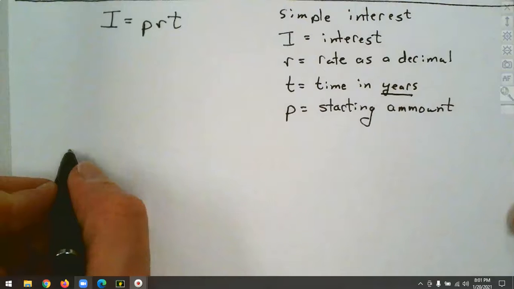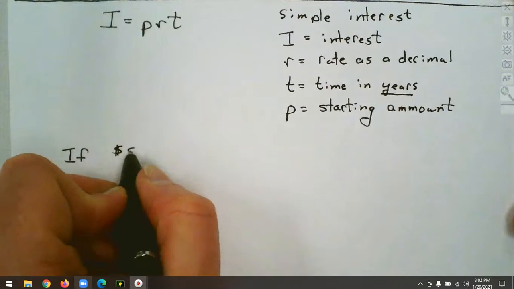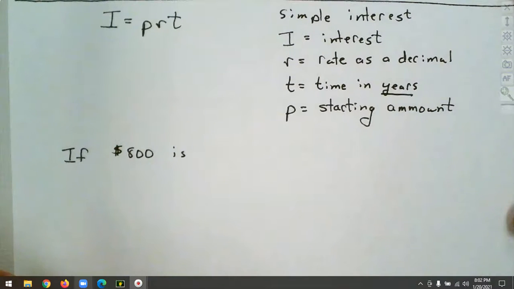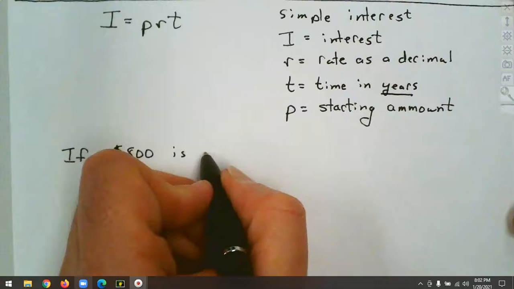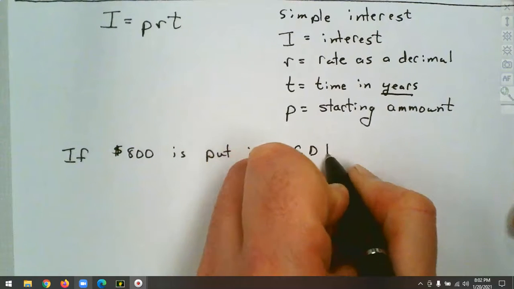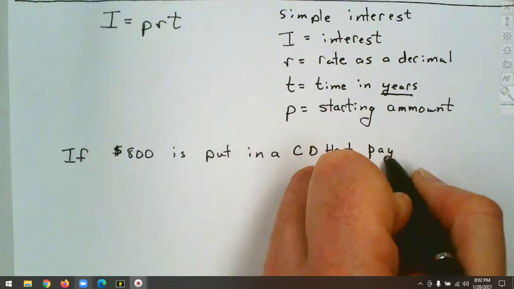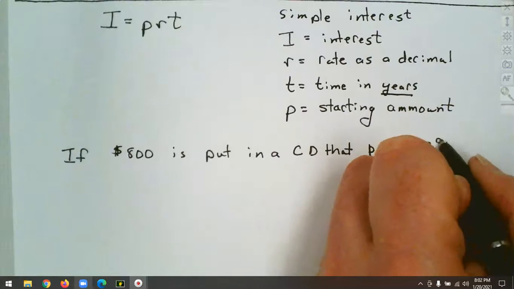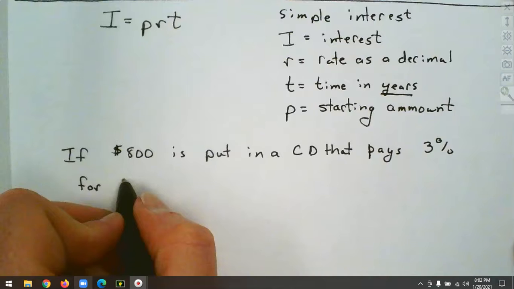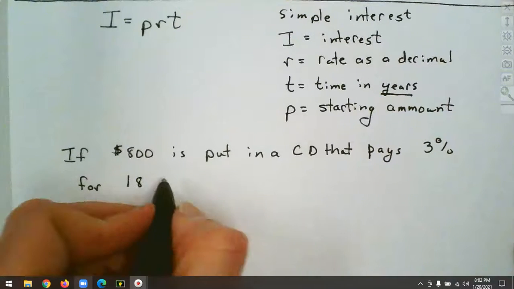So here's our question. If $800 is put in a CD that pays 3% for, let's say, how about 18 months?